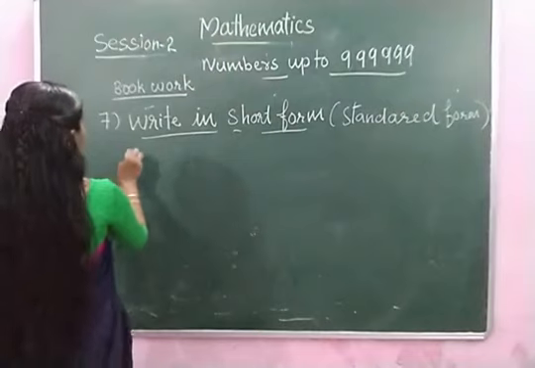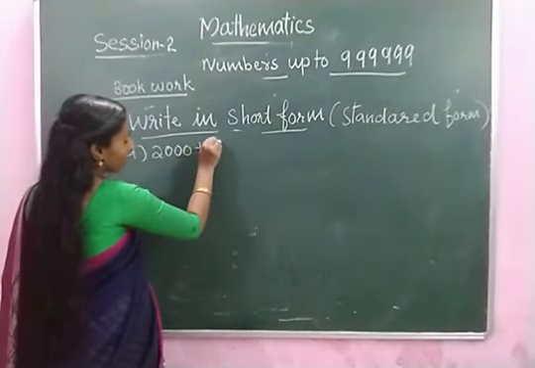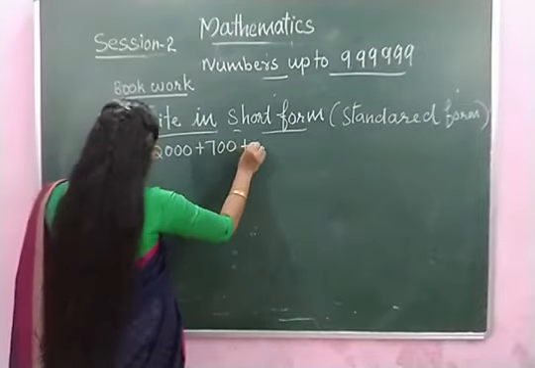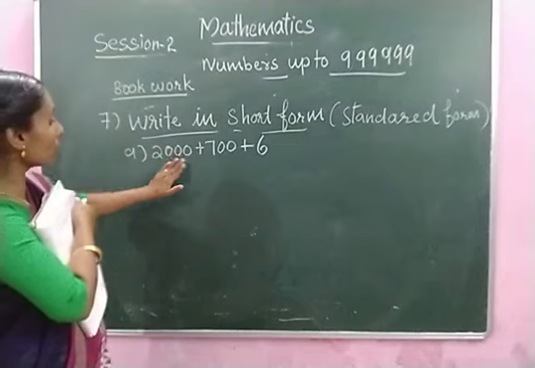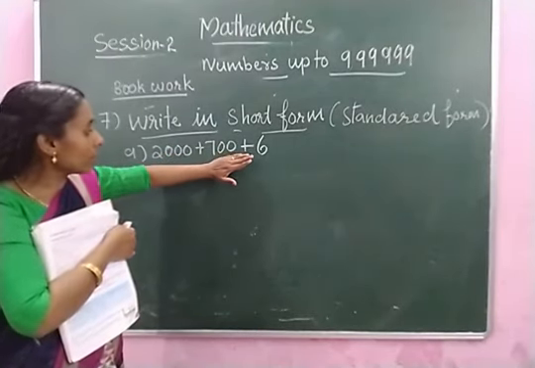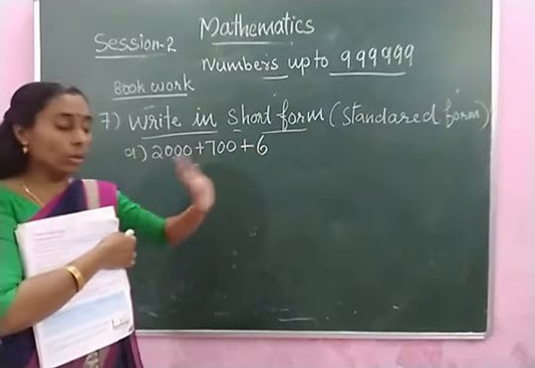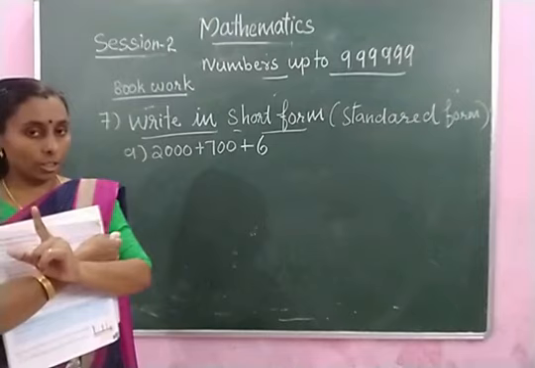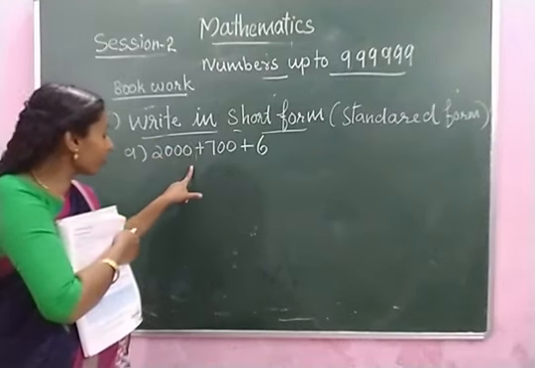Here, 2,000 plus 700 plus 6. Here see, 2,000 has 4 digits.